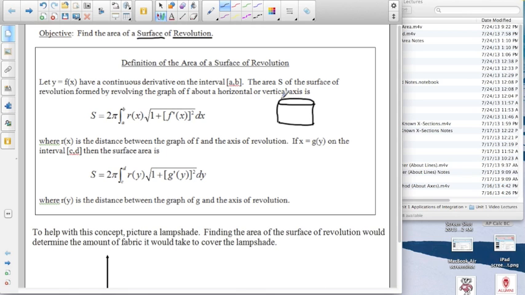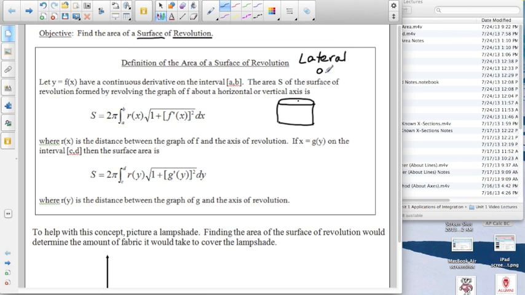So we'd have to take care of the cylindrical surface, and the one thing we don't concern ourselves with is the top and the bottom like we might do in geometry. So the surface area here is really the lateral area, if you remember that term from geometry. That's just the sides.